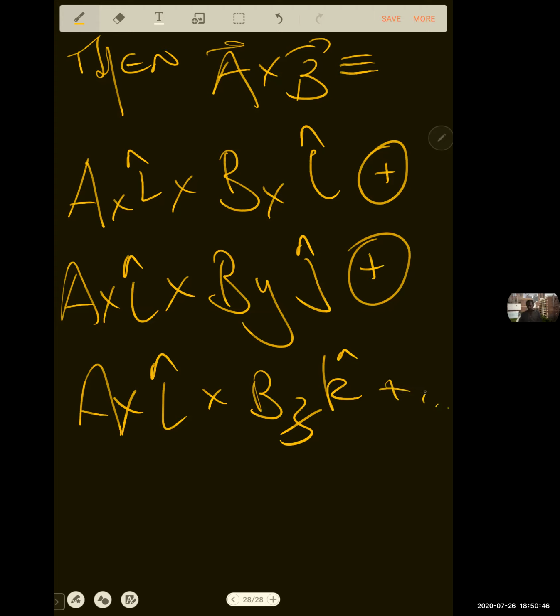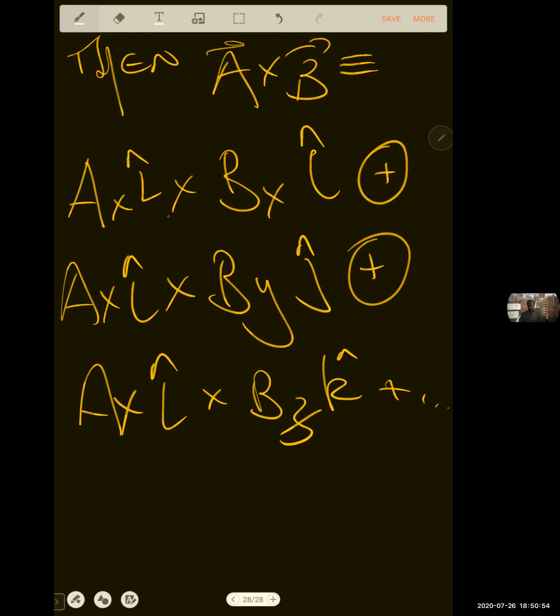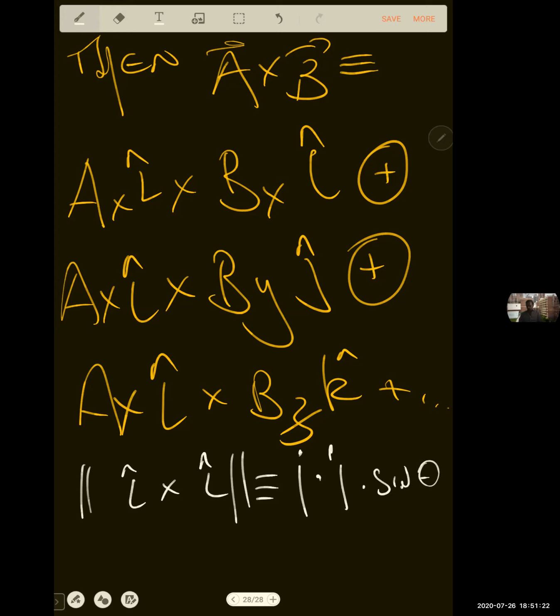Now what's happening when I do this? I know what's happening with the i, j, and k vectors. We have A_x i hat cross B_x i hat. What's i hat cross i hat? I'm going to cut straight to the chase and say that it's 0, because the magnitude of it had better be the magnitude of i times the magnitude of i, and I don't mean the imaginary number, I mean the unit vector here, times the sine of the angle between them.